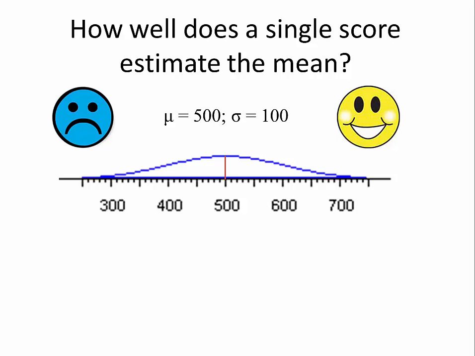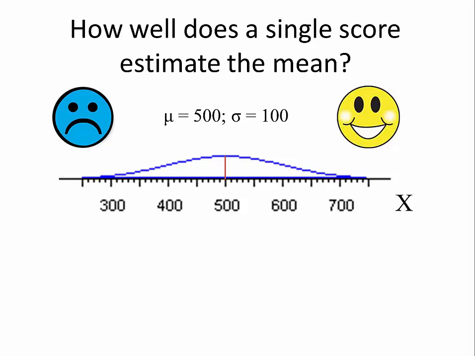We can begin by considering how well we could estimate the population mean with a single score. If we have a normal distribution with a mean of 500 and standard deviation of 100, we could use our knowledge of the normal distribution to estimate the range within which scores are likely to fall and how close they are likely to be to the actual population mean.